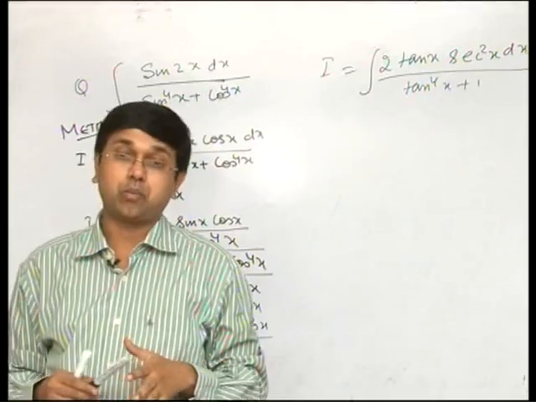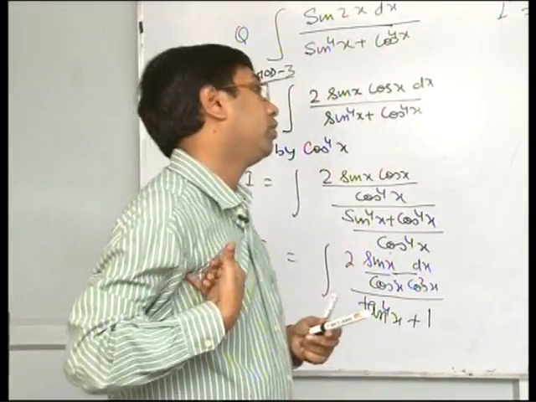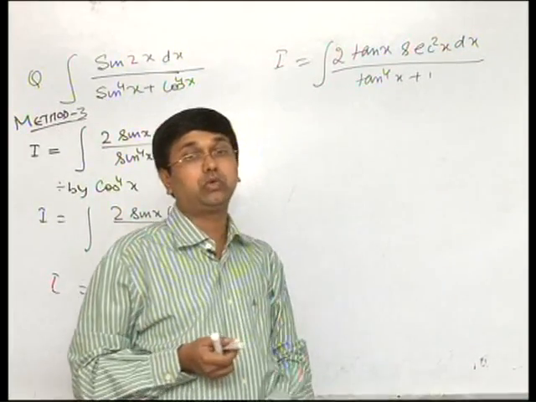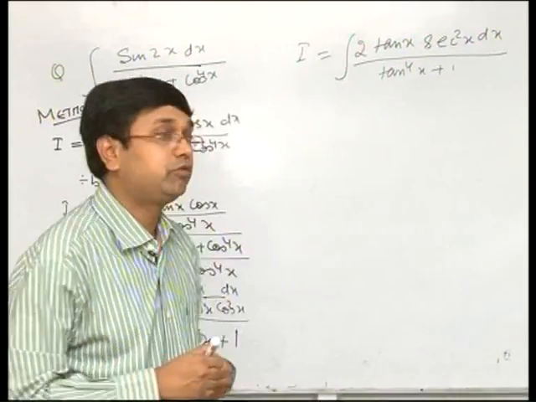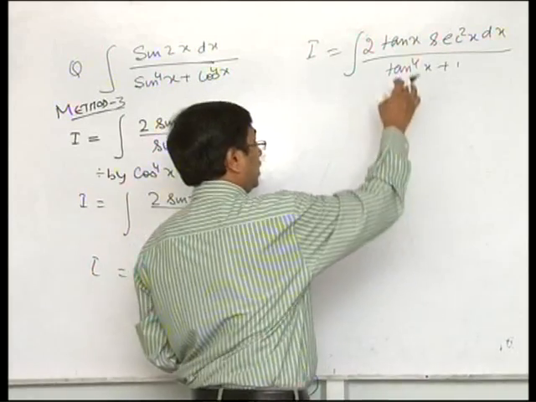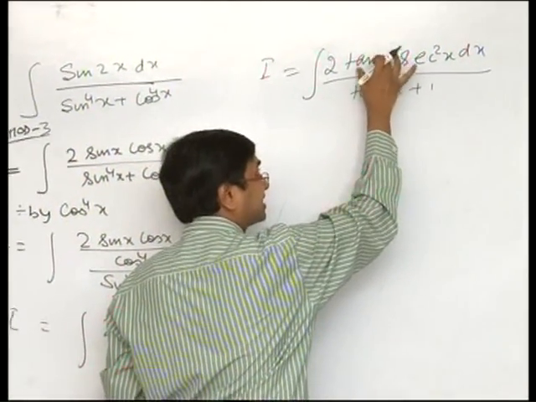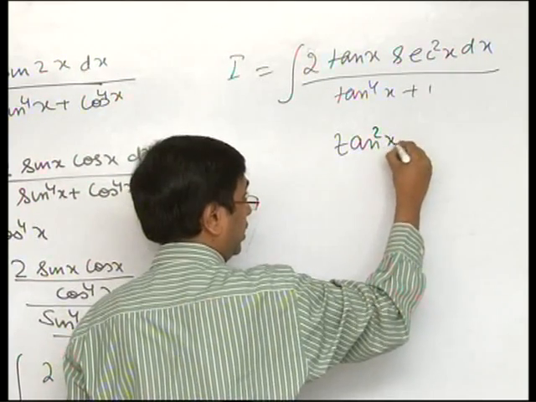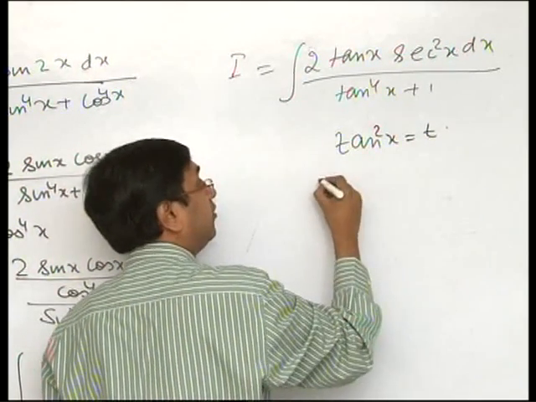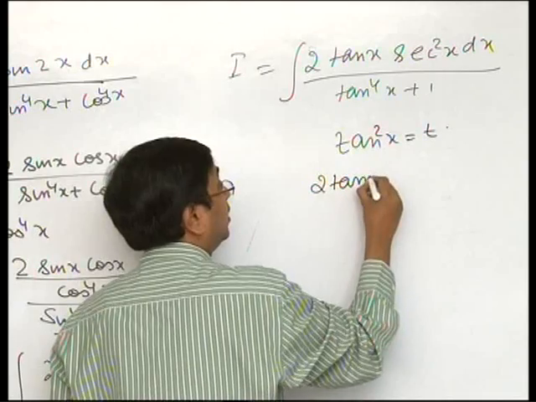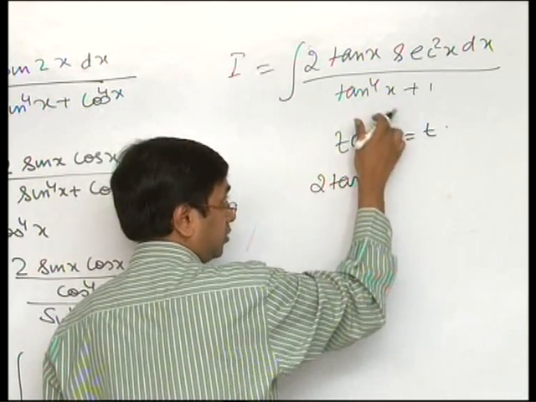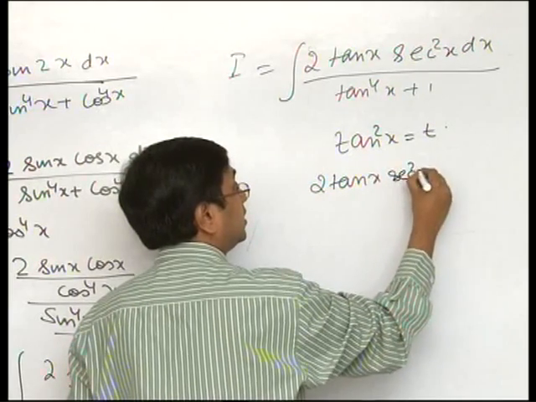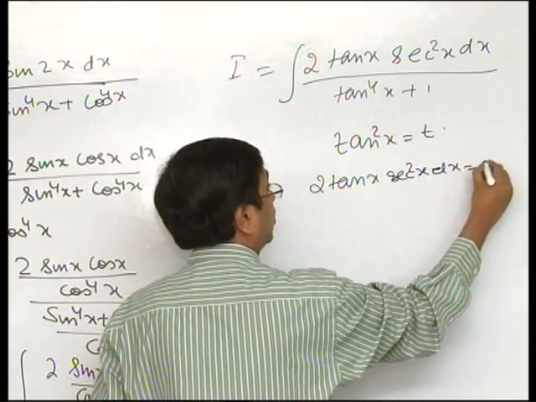Now 2t upon t to the power 4 plus 1, you know 2t will be the derivative of t square. So what you will have to do is again substitute t square equal to u and go ahead. But if you observe it properly, tan x has a single power and then sec square. So if you can put tan square x equal to t, what is the derivative? 2 tan x, but then we'll have to differentiate tan x because this is the chain rule form. So you'll get 2 tan x sec square x dx equal to dt.